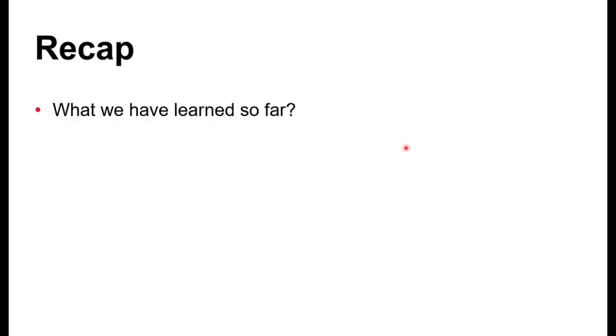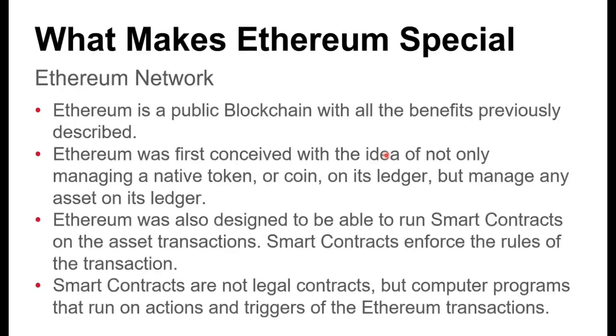So what we learned so far was we learned about hashing, cryptography. We had a little introduction to smart contracts, first and second generation blockchains. So now we're going to talk about some things you can do on the Ethereum network. So Ethereum is a public blockchain with all of the benefits described in a public blockchain.